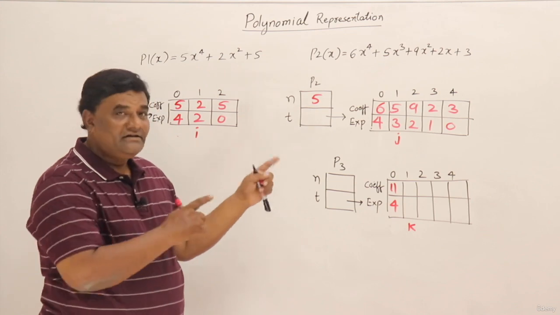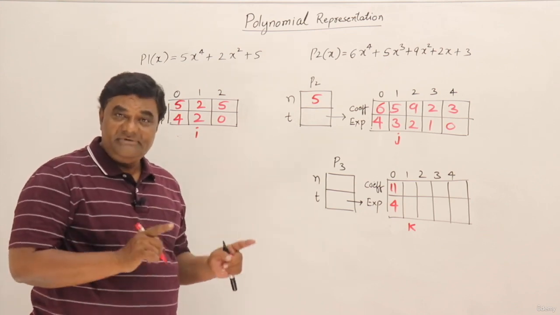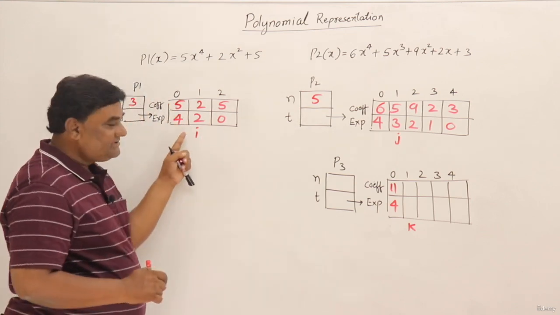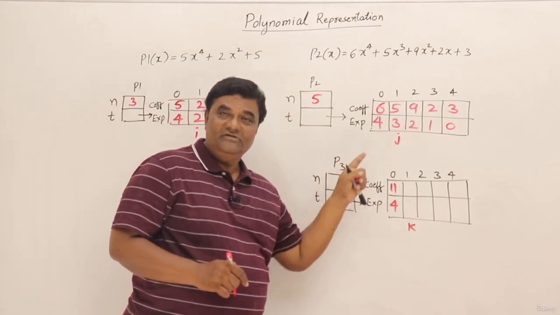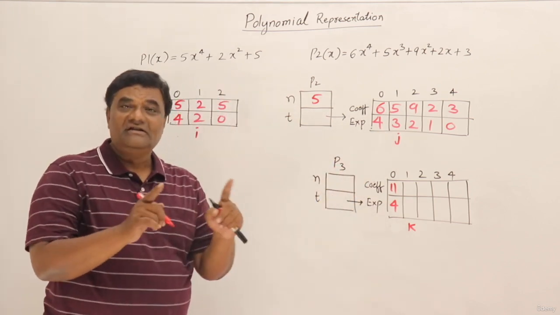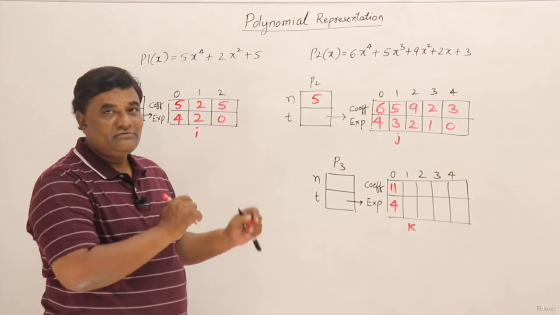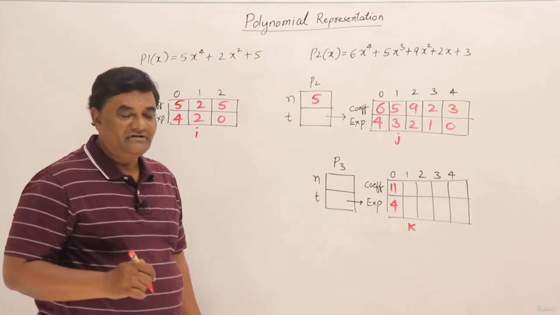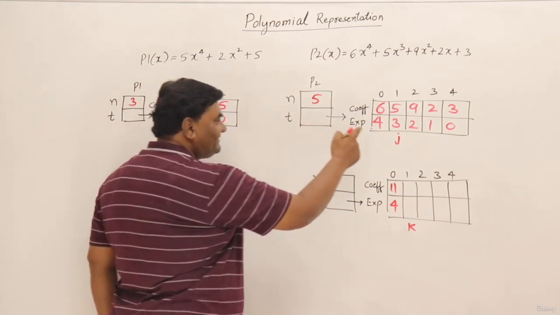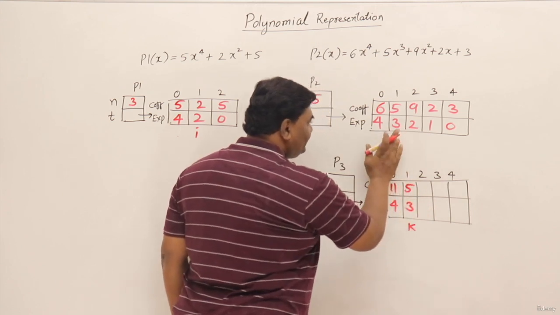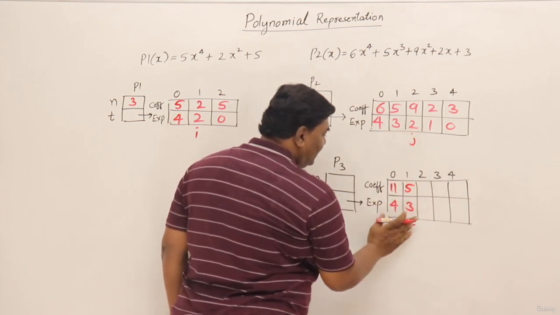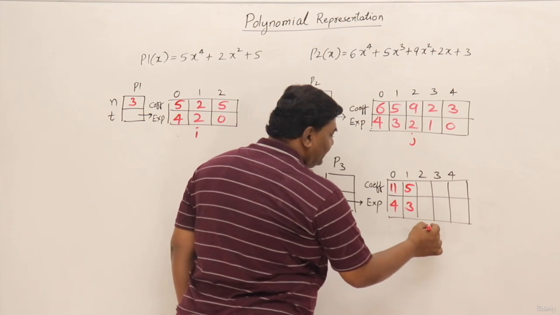So that is greater. So take that one. So it means if the power of this term is greater, then copy this one. If the power of this term is greater, then copy this one. If the powers are equal, then add their coefficients. This is the procedure. So now this power is greater. So copy simply 5, 3, move j to next term and move k to next term.